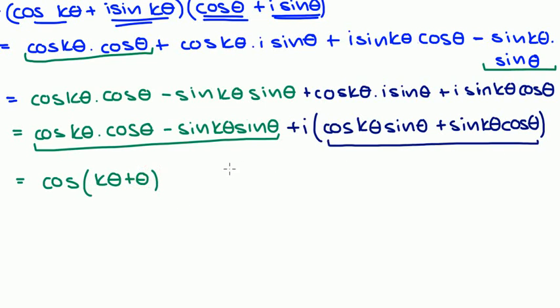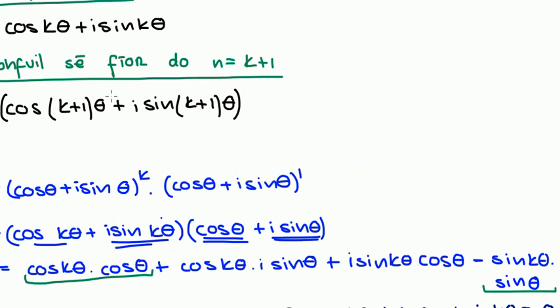Using the next rule on that page, I'm going to do the same for cosine k theta sine theta plus sine k theta cosine theta. That rule tells me that this will simplify to give me i sine (k theta plus theta).